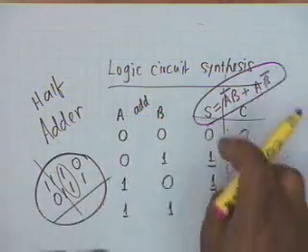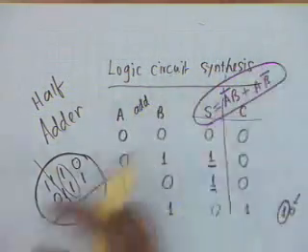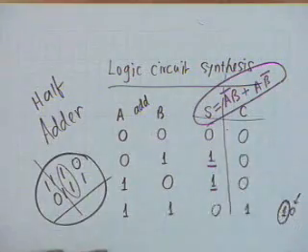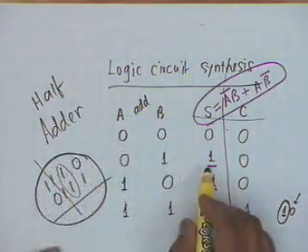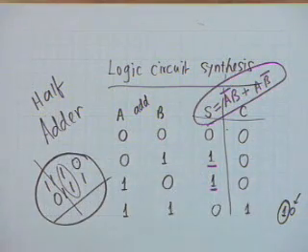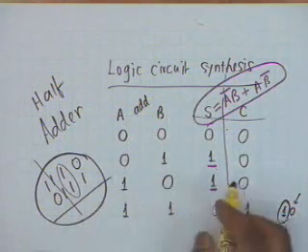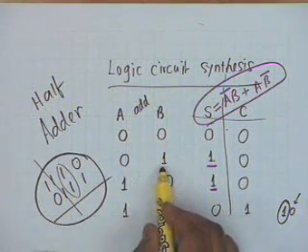Is the point clear? It can be easily verified that this truth table for S, A and B is represented by this expression, and the simplified method is valid in all situations. You look at only those rows in which the output is 1, and take the AND operation of the variables.